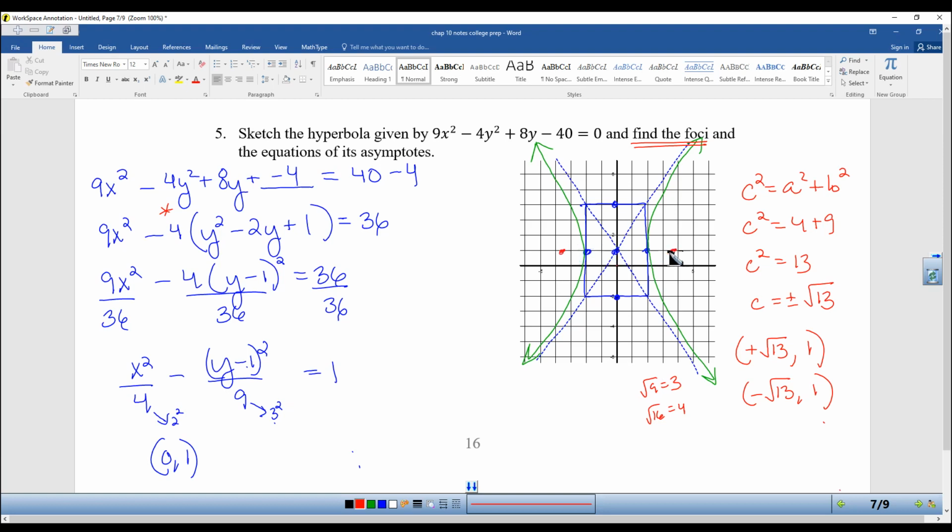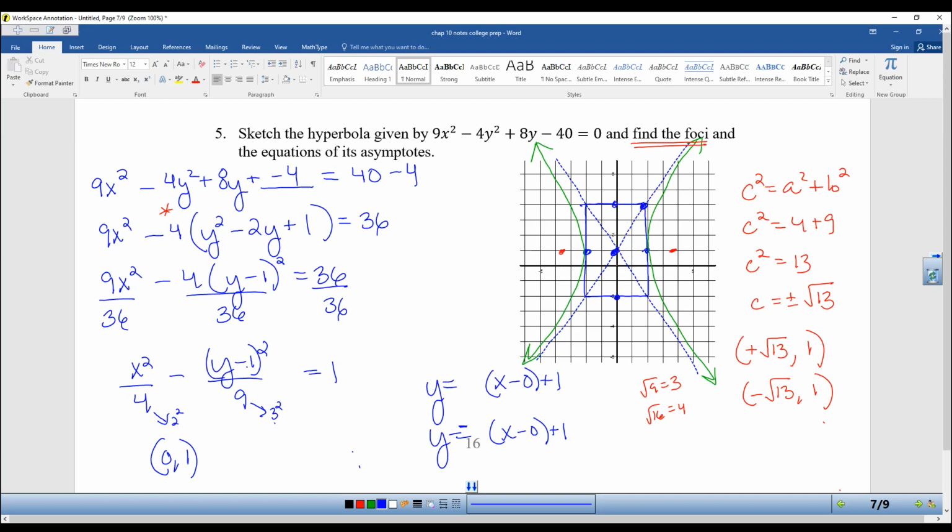And that looks good. Last is the equations of the asymptotes. So y is equal to, remember, you can just use that nice center point there, x minus 0 plus 1. And then one of them is going to have a positive slope and one is going to be negative. You can just use the corners of your boxes, or you can, if you want to already have it reduced, go from the center to a corner.